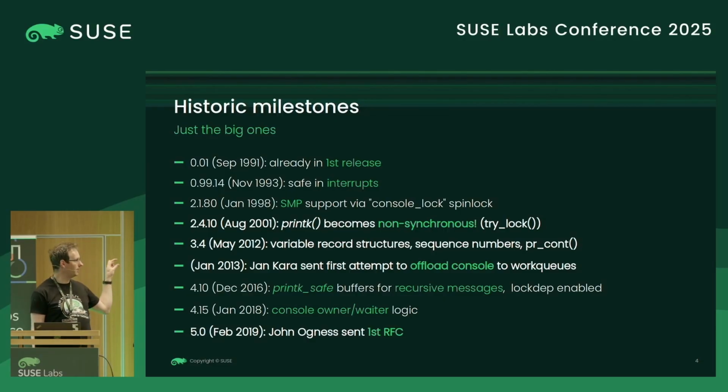And later we added even information about the caller context, so it was even possible to filter messages from given CPUs and really get the backtrace together. Yeah. So anyway, this complicated printk, and there were a lot of troubles.